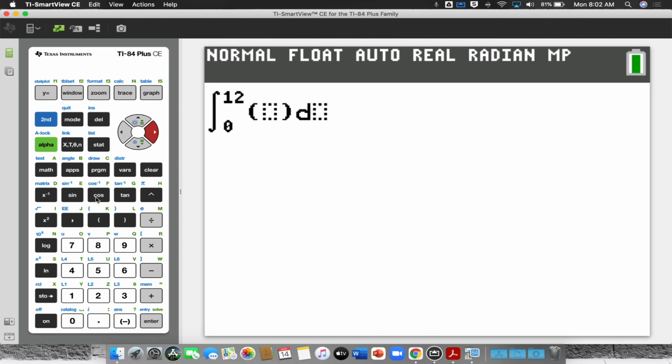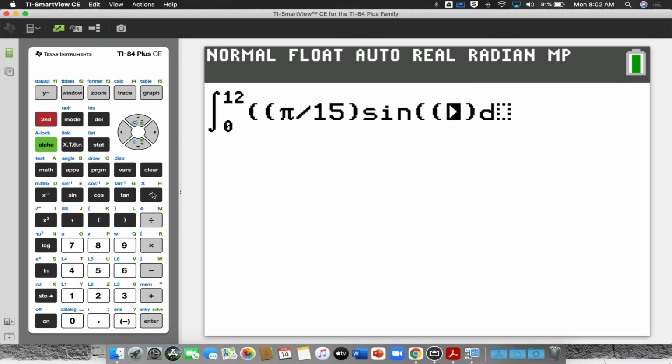But what we can use is the actual function they give you. So pi divided by 15. I put those in parentheses because those are separate from the sine. And then I'm going to put sine. And then in parentheses, it's going to be pi t or pi x over 15.